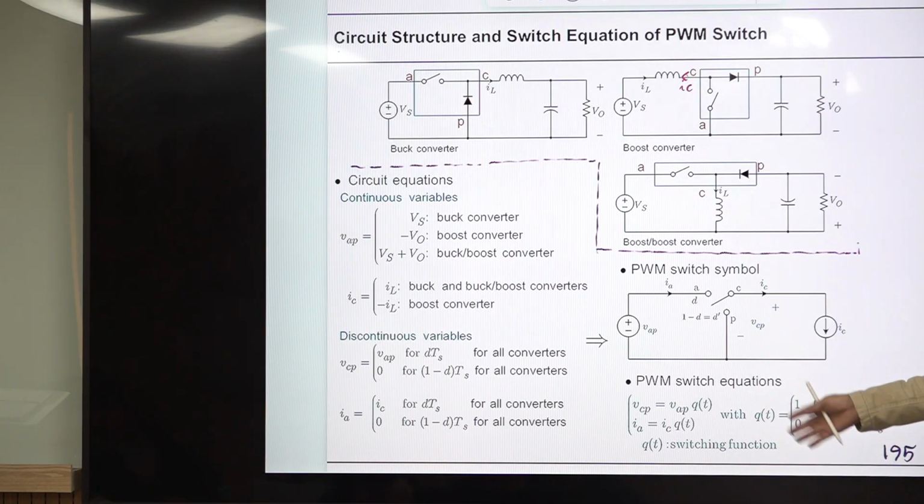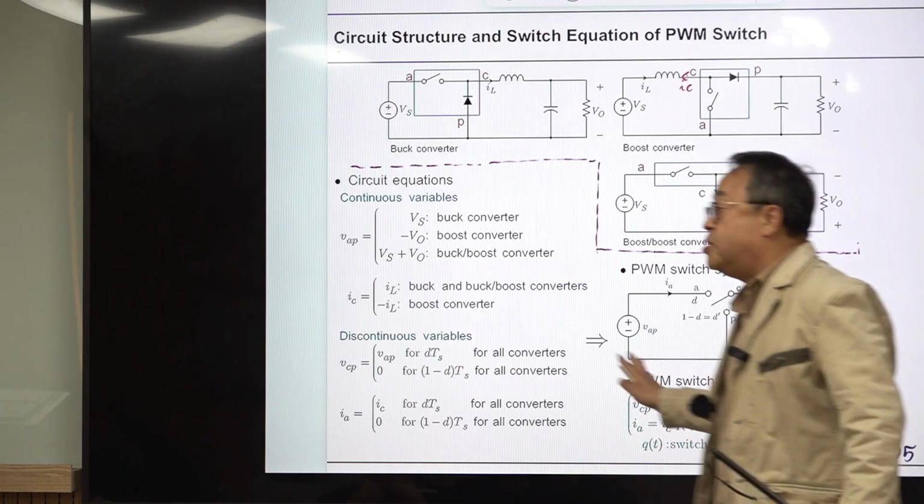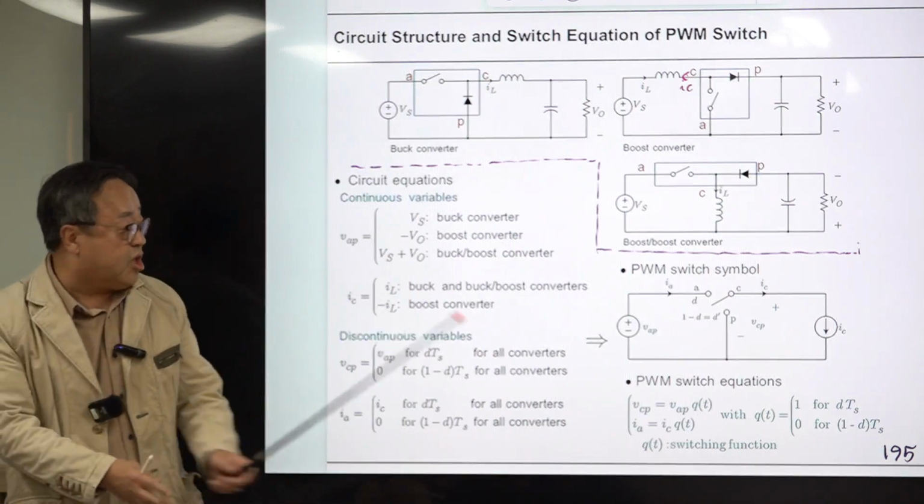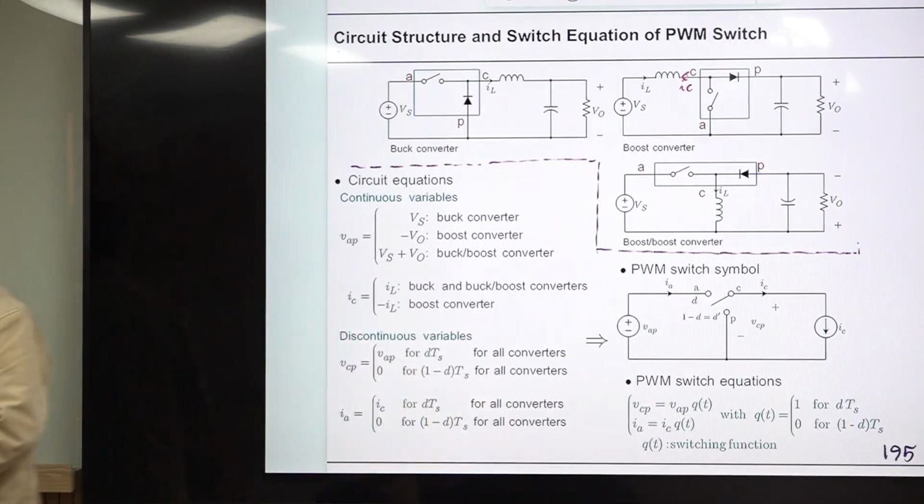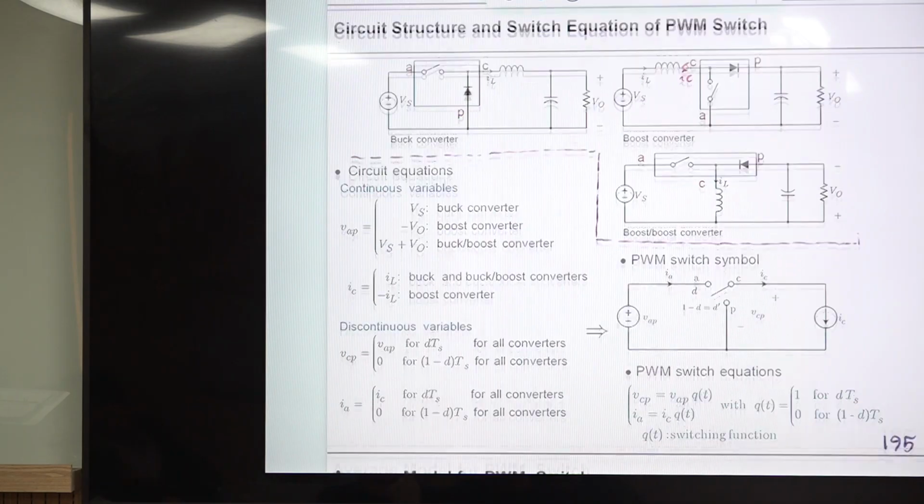It just explains the operation of the switch. Nonetheless, with this we can average all the waveforms. With this equation, these are discontinuous variables, but we can average them using this expression as shown in this lecture slide.